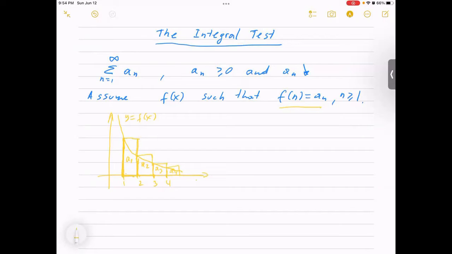So what you notice from here is that the integral from 1 to infinity of f of x dx is going to be less or equal than the value of the series from 1 to infinity. That's the first picture I want to refer to.